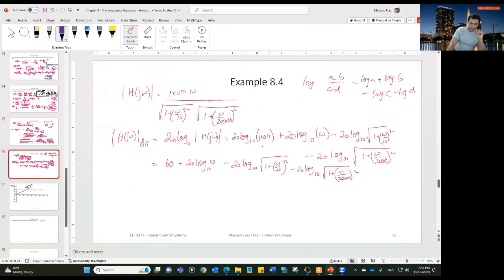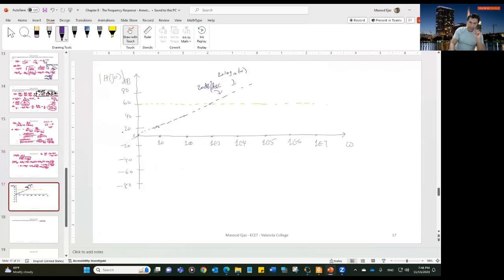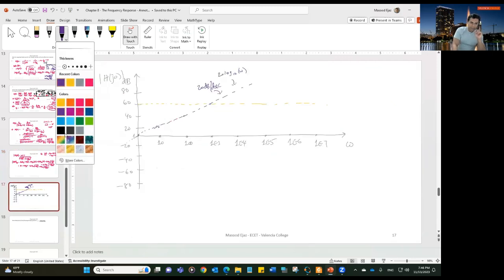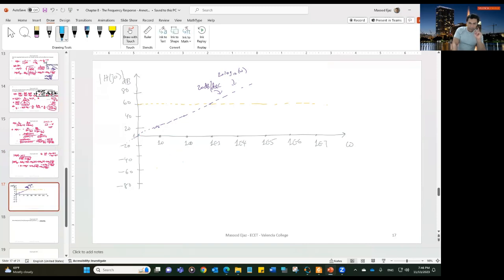My third line is negative 20 log 10 of 1 plus omega over 10. Now, remember, we're going to apply the approximation. As long as omega is less than 10, this is going to be 0. When omega exceeds 10, for every 10-fold of frequency it is going to decrease by 20 decibel per decade. So we're going to go to 10, which is 0, using light blue.